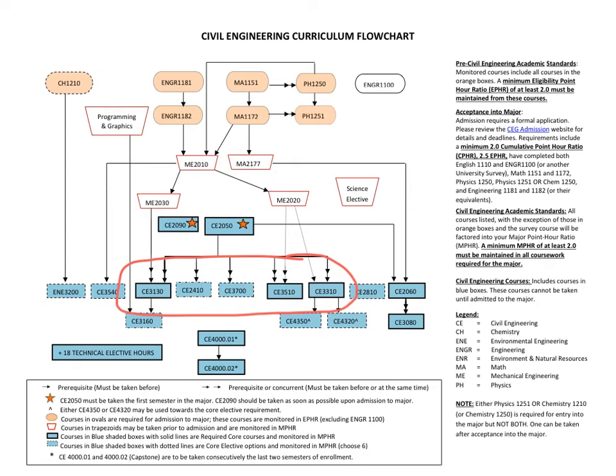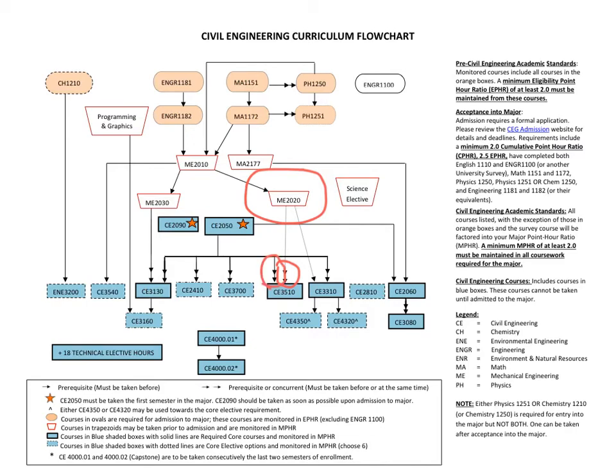However, what you also need to make sure you're paying attention for would be the other classes that are also requisites. So for example, if you are currently enrolled in Mechanical Engineering 2020, or will be enrolled in ME 2020 in the next term, you could take that course at the same time as CE 3510, provided you're also taking CE 2050 at the same time.